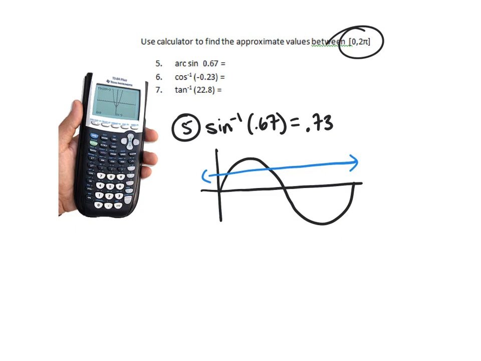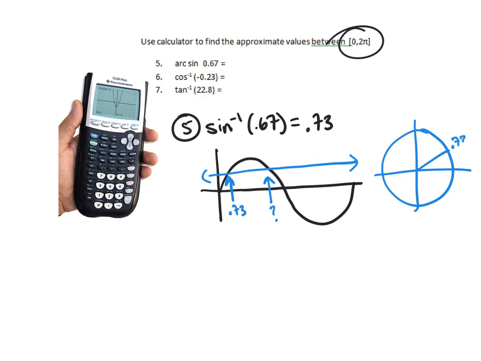So you do inverse sine on your calculator and you get 0.73. That's this point right here. But how do we find this point? Because your calculator only gives you one. Well, you have to think about this as a unit circle. So on the unit circle, if this is 0.73 radians, then what's this one?